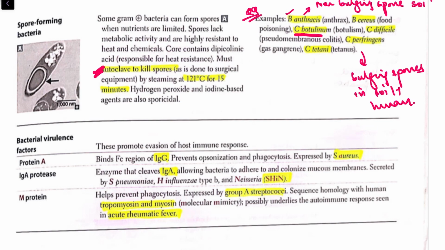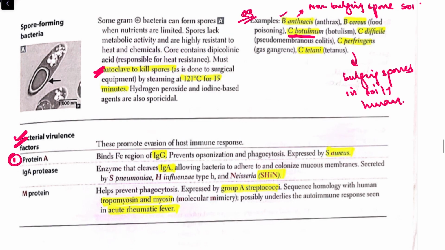Then some bacterial virulence factors. First is protein A. These are important virulence factors. Protein A, right? It binds to the Fc region of IgG and it is seen in Staph. Second is IgA protease. This is the enzyme that cleaves IgA and it is seen in SHiN bacteria. Which were the SHiN bacteria? Remember, Streptococcus pneumoniae, H. influenzae type B and Neisseria.